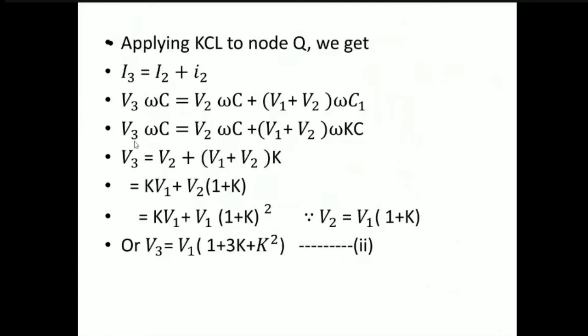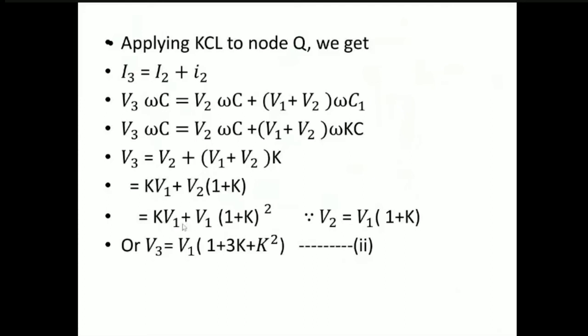We are substituting for C1 in terms of KC. V3 equals V2 plus (V1 plus V2) K, or KV1 plus V2 into (1 plus K).